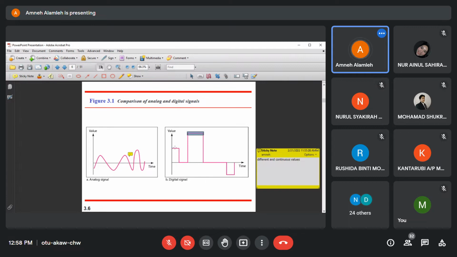It has different limits, but it is steady values, and it is also discrete. It is not continuous. This is a comparison between the analog on the left side, or A of the figure, and the digital signal on the right side.